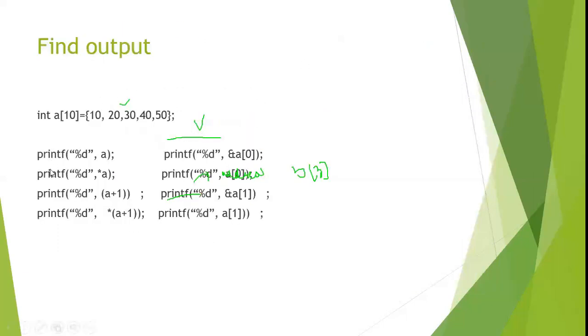In this slide we did all. This is your address of A. This is your value of A. This is your address of 20. This is your value of 20.